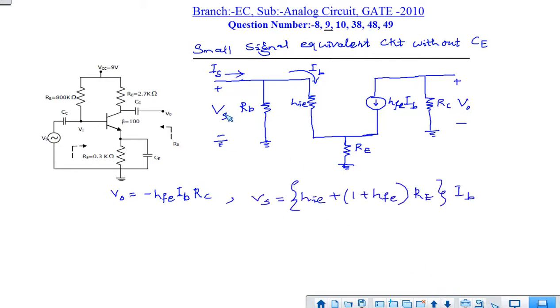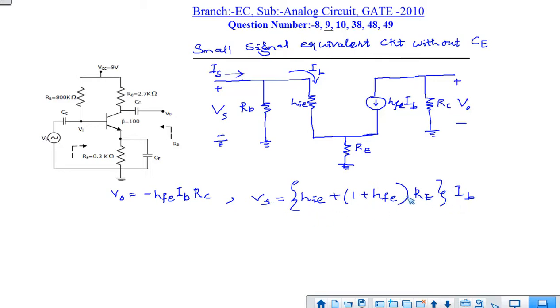If we apply KVL across this loop, Vs is IB into hie, plus the current flowing across this RE, which will be IB plus hfe IB. So (1 plus hfe) IB is the current flowing through this resistor, and the voltage will be IB into (1 plus hfe) into RE.